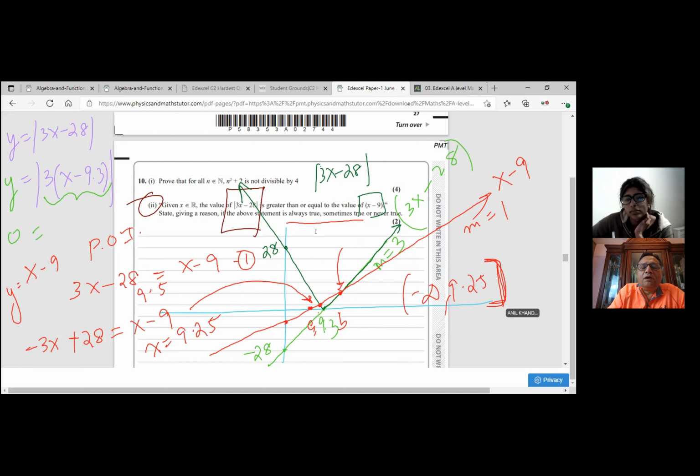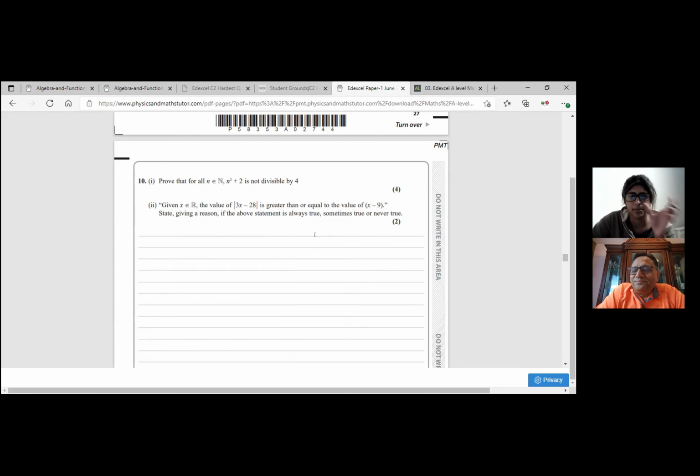Or from 9.5 to infinity. Correct. Clear. Okay. That was nice, because I haven't seen these proof questions within a modulus. That's why I was just asking. All right. So that was kind of the questions that I had.